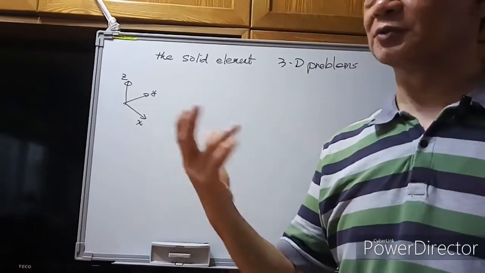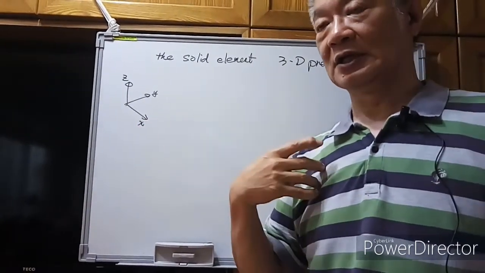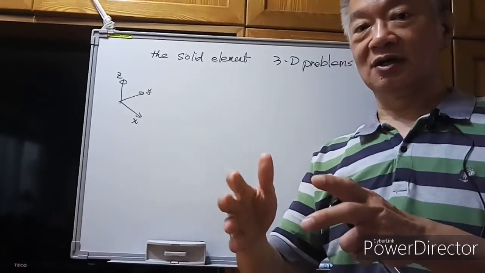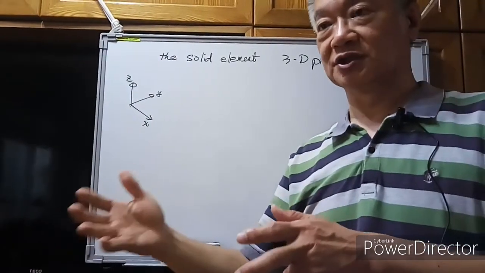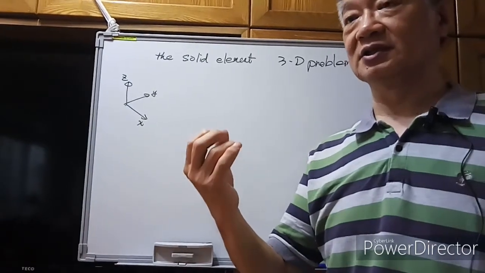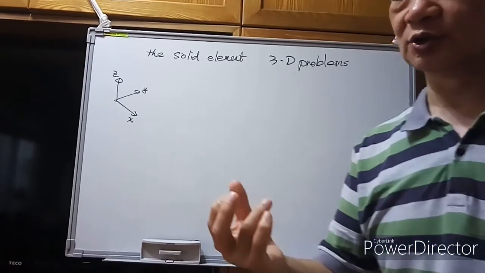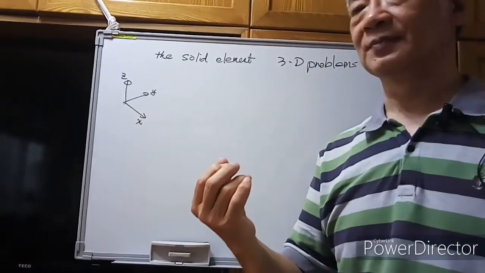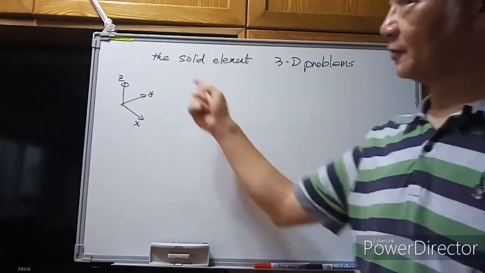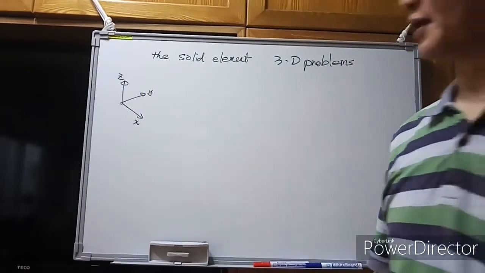Usually we say he needs to mesh the problem. The mesh means he needs to define how he cuts the structure into several elements, and also define the required nodal points. The required nodal points depend on the type of element he likes to use. So that's the procedure. He needs to define the mesh.